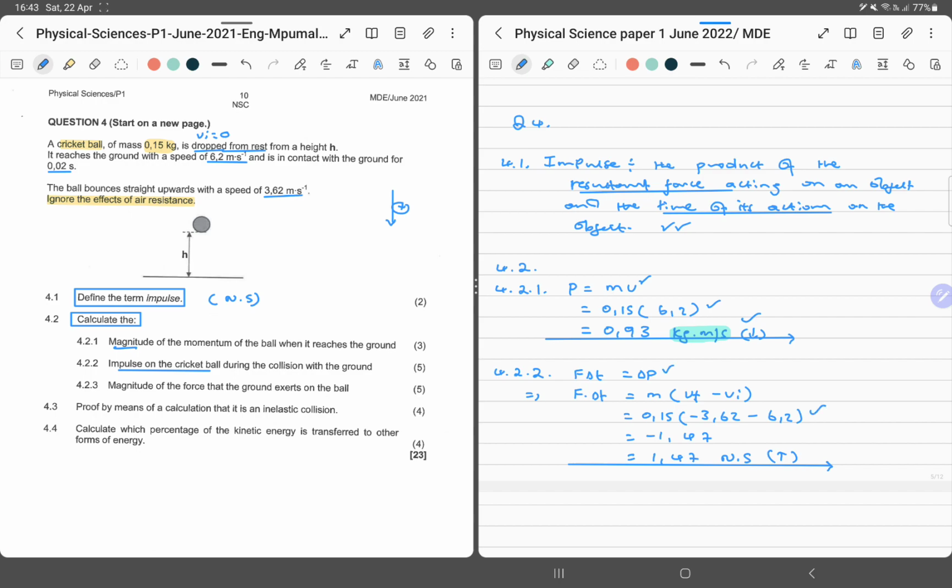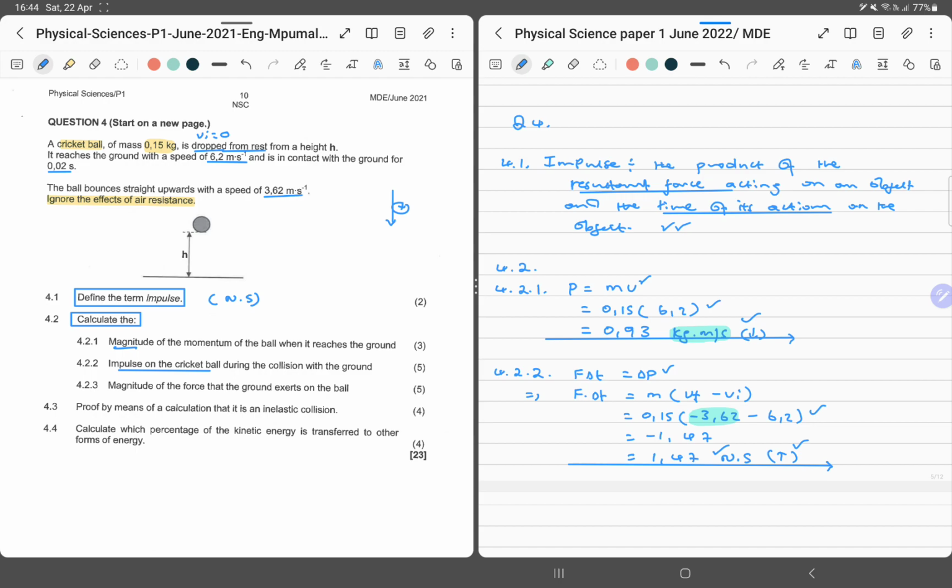Formula, substitution, the magnitude, and I think direction is important here. So it's 1, 2, 3, 4. Where's the 5th mark? Perhaps the 5th mark comes from this.